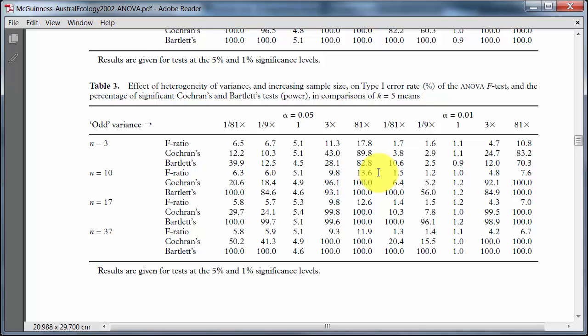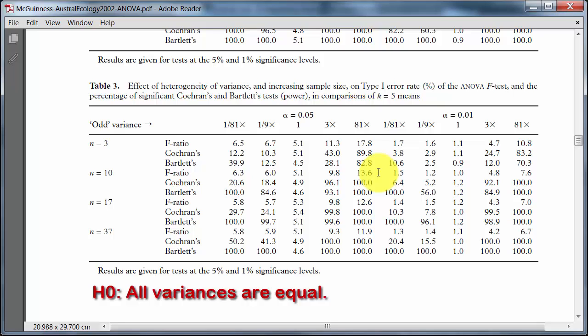Now, what's going on here is relatively simple to understand once you start thinking about it. Cochran's test and Bartlett's test are tests of a null hypothesis, and that null is that the variances of all the groups are equal. All statistical tests depend for their power on the number of replicates, so the more replicates, the more powerful a test.